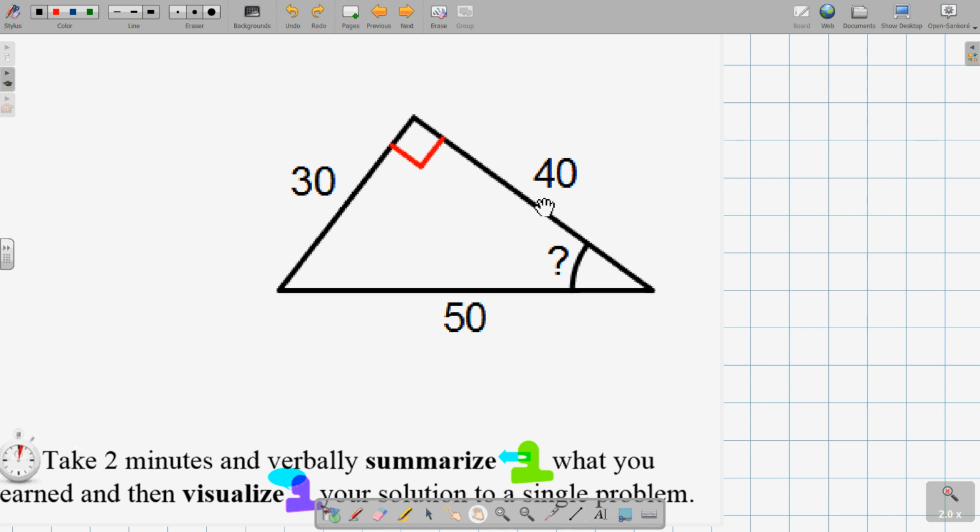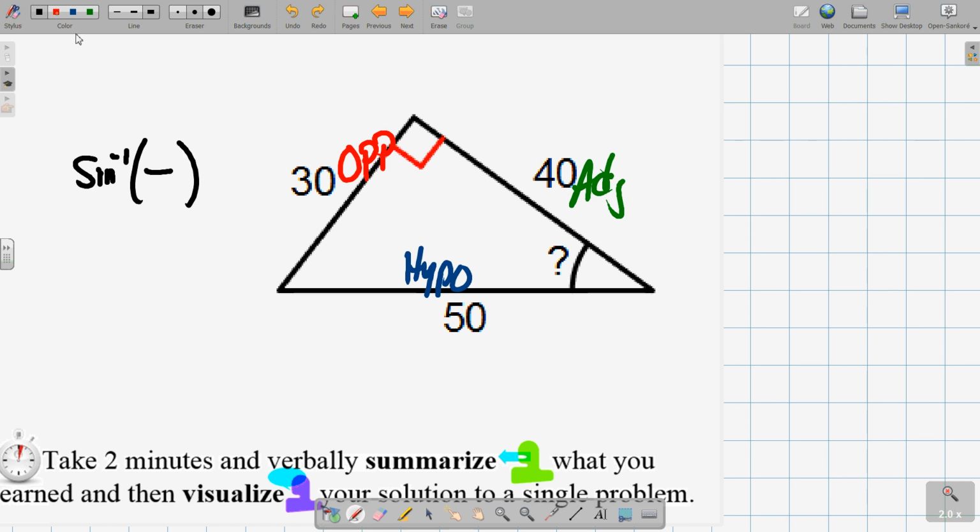This one, again, you have all three. We have the opposite and the adjacent and the hypo. I tend to use sine when I'm given a choice. You can use whatever you want. Sine -1, opposite over hypo will give us our angle theta. Inverse sine, opposite is 30 over our hypotenuse, which is 50.